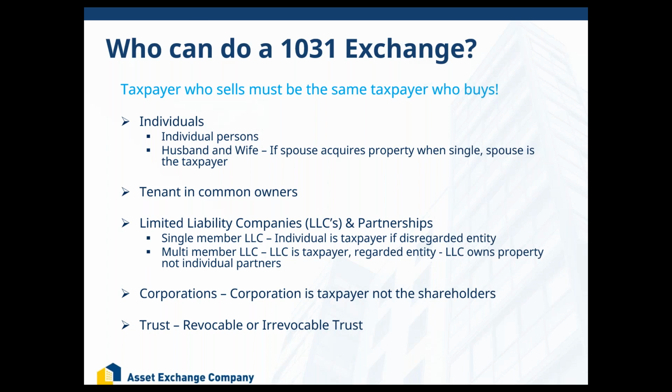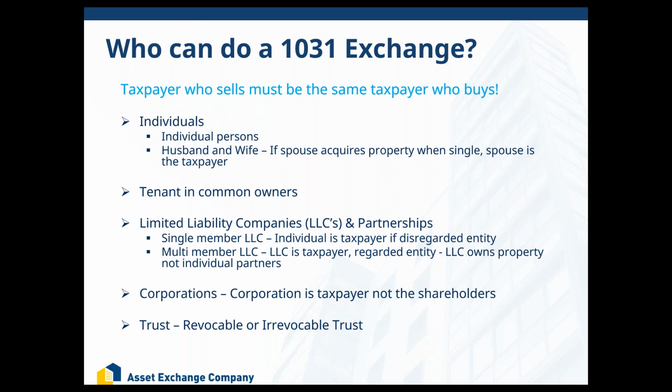Well, he has the option to do that, and I also have the option to do what I want to do. If I want to do a 1031 exchange because I want to defer my taxes and buy a replacement investment property, I can do that. And you know what? He could do that as well. If he wanted to do his own 1031 exchange on his 50% tenant in common ownership, defer his taxes, he could go out and buy a different replacement investment property. So tenant in common owners, again, can do 1031 exchanges.